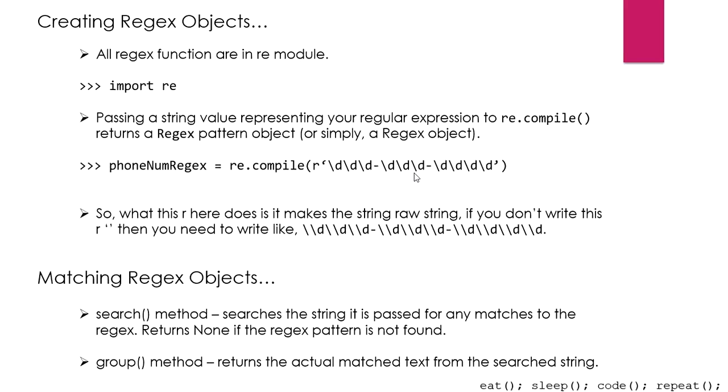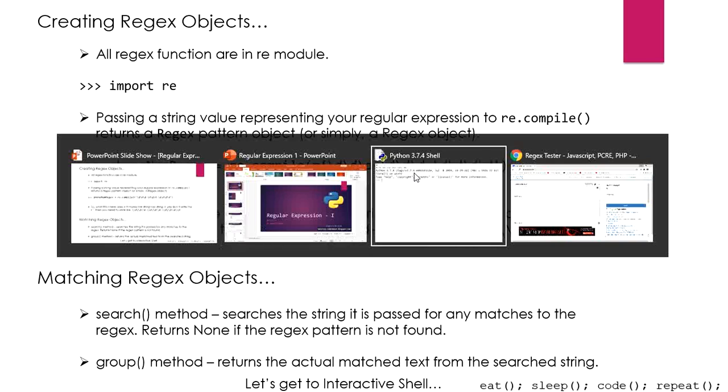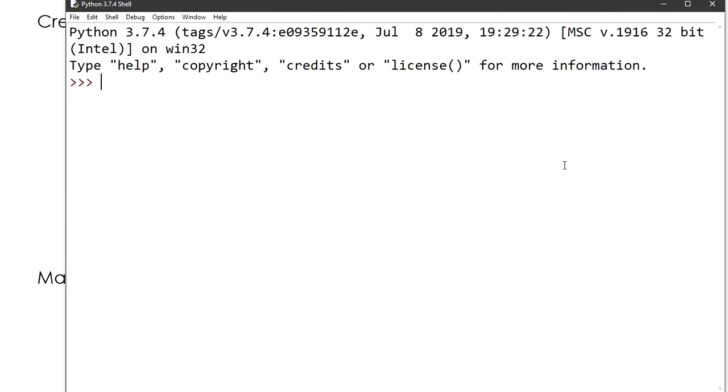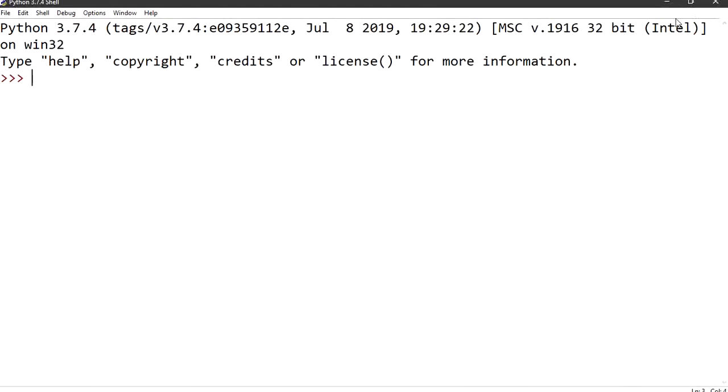Now let's get to the interactive shell and understand more about this. This is the final program I'm talking about, searching for a particular pattern using regular expressions. The first and most important thing is we need to import re, that is, regular expressions.